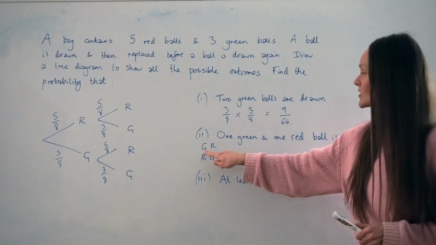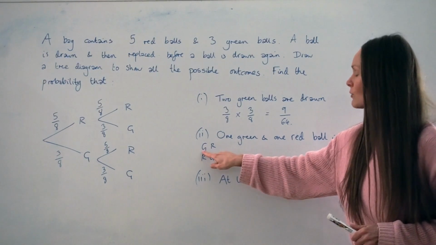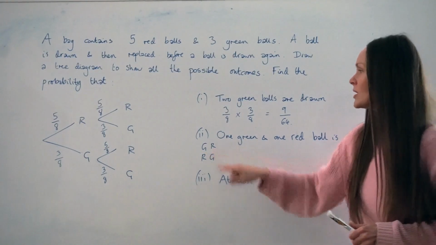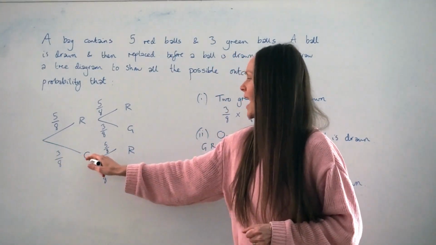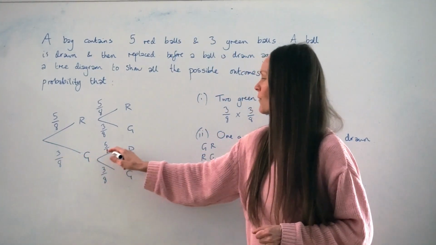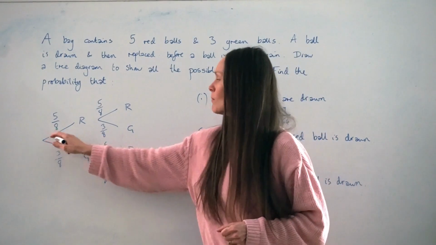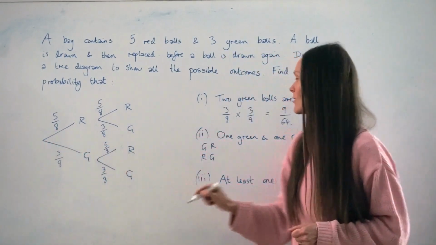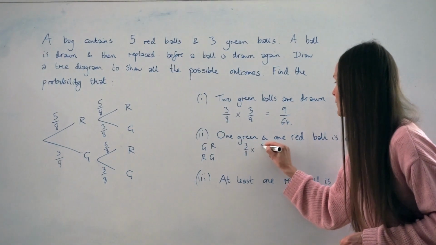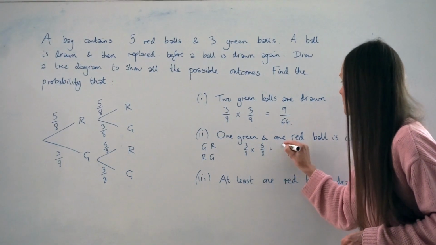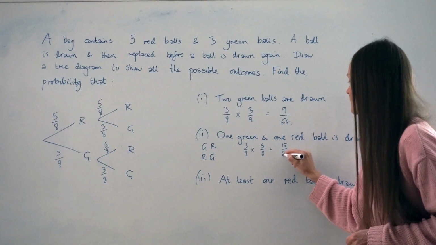So let's just start with the first scenario. So a green ball followed by a red ball. So a green probability here would be 3/8 and then a red ball here would be 5/8. So remember, you're multiplying the probabilities together. So it would be 3/8 multiplied by 5/8, okay, which is 15 out of 64.